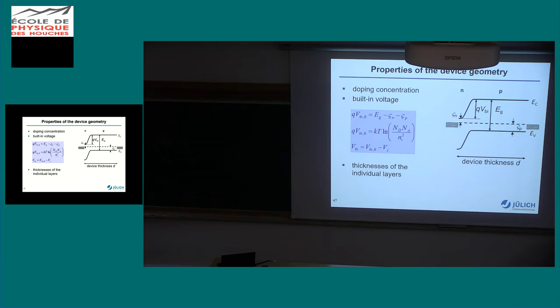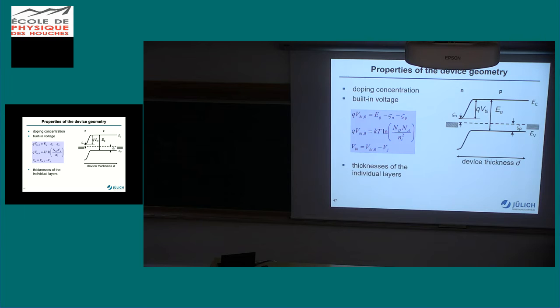And the important quantities that go along with a PN junction: the built-in field. It's the difference between the conduction band position here and on the other side, and the same for the valence band positions, made by this built-in potential.